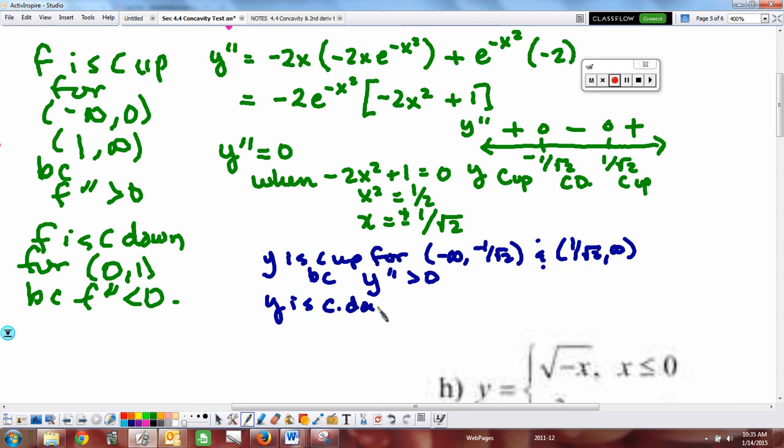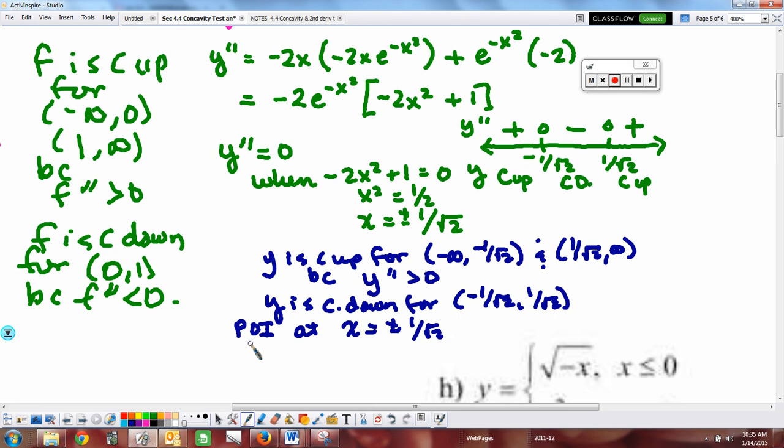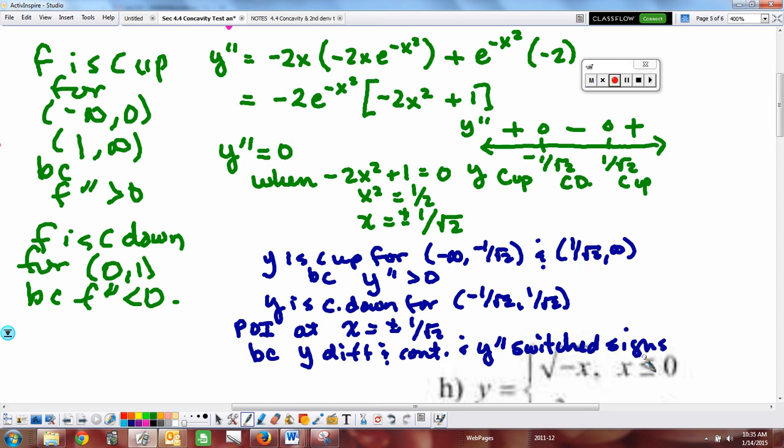Y is concave down for negative 1 over square root of 2 to 1 over square root of 2. And there are points of inflection at x equal to plus or minus 1 over square root of 2 because y was differentiable and continuous, and the second derivative, y double prime, switched signs. Notice I got away without having to say that y existed there and y prime existed there, because that's what it means when I say differentiable and continuous.